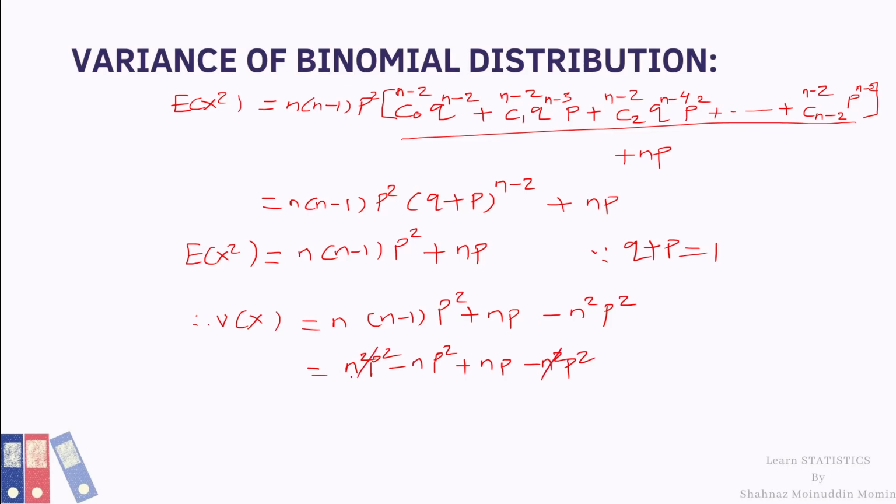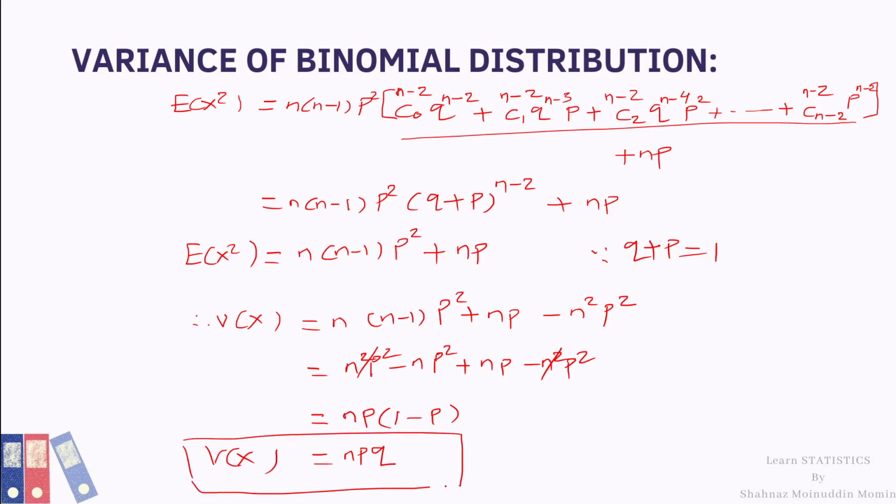N square p square gets cancelled. I shall take np common, so it is np into 1 minus p, which is equal to n into p into q, since p plus q equals 1. This is the value of variance of binomial distribution.